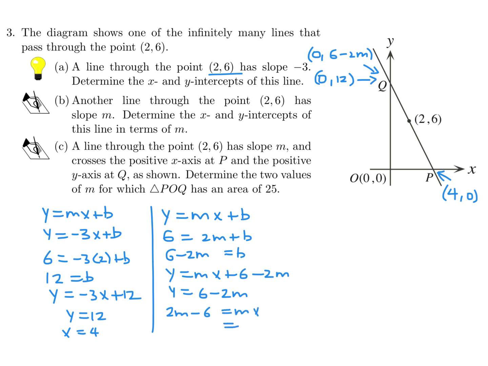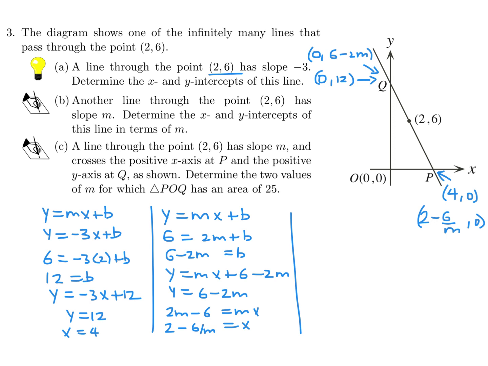So therefore x is equal to m minus 6 over m. Wait, hold on. Sorry about that. It's 2 minus 6 over m. Yeah, okay. All right, so that means that this point is (2 minus 6 over m, 0). Okay, great.